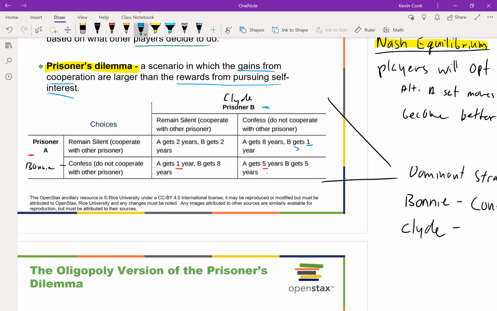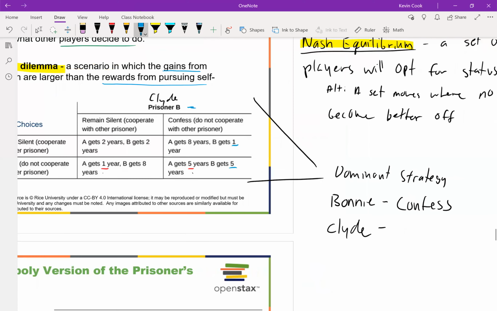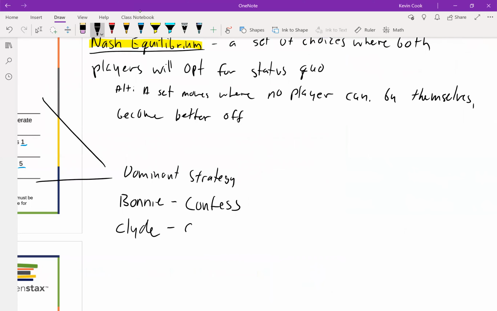And similarly, on the other side, if I know that Bonnie is going to confess, I have a choice between either 8 years or 5 years, in which case, again, I would rather spend only 5 years in prison. So just like Bonnie, no matter what Bonnie does, Clyde is going to choose to confess. So Clyde decides to confess.